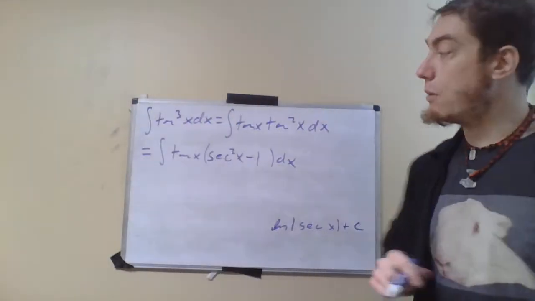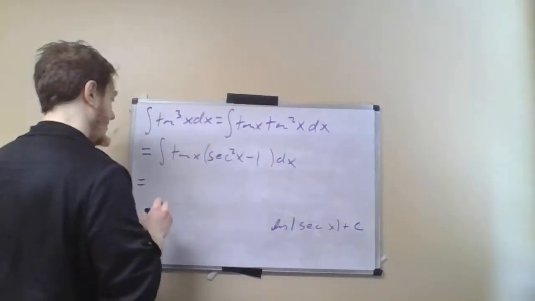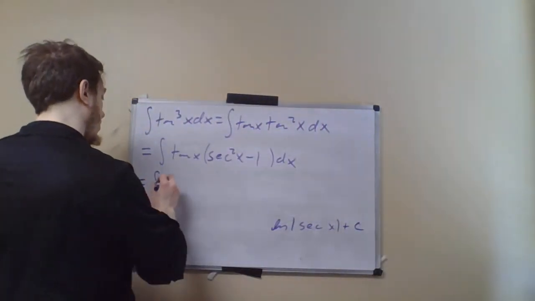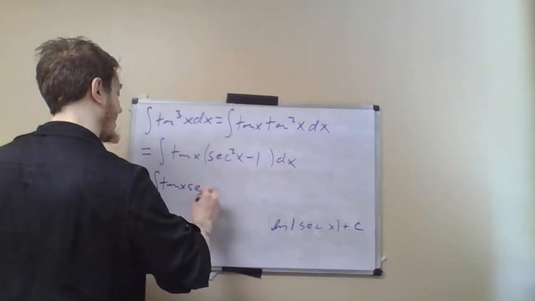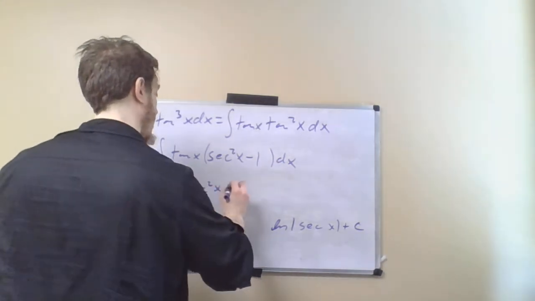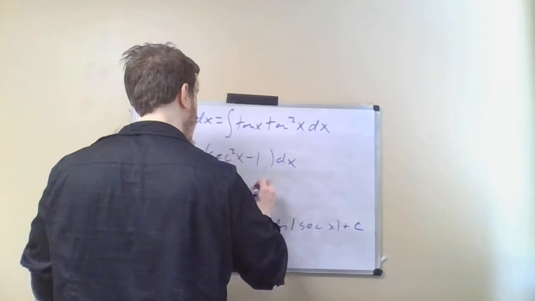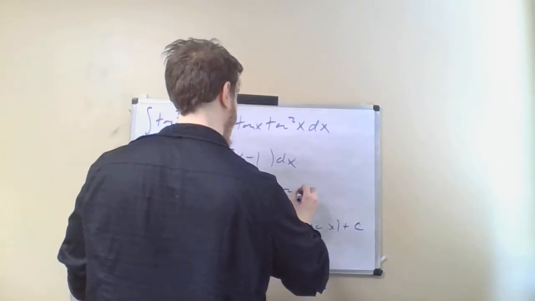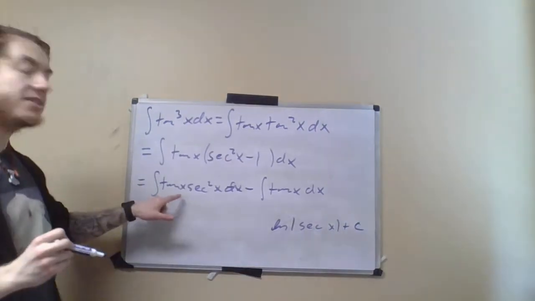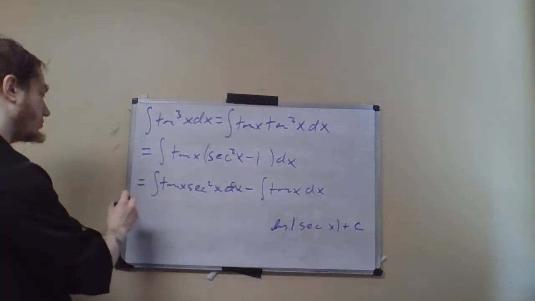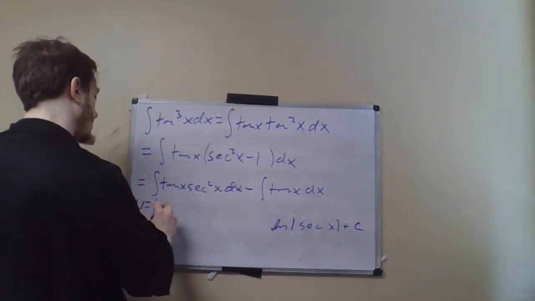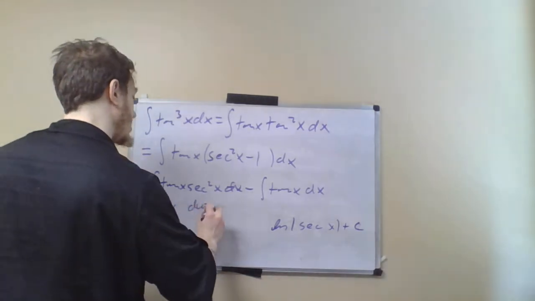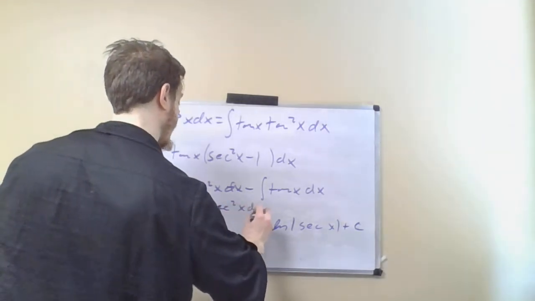So now what I can do is I can say, all right, this is actually the integral of tangent x secant squared x dx minus the integral of tangent x dx. Well, this is now an easy u substitution. I'm going to take u to be tangent x, du is secant squared x dx.